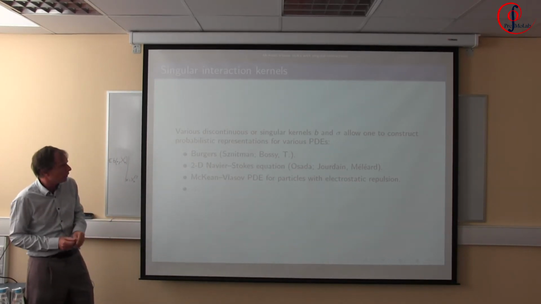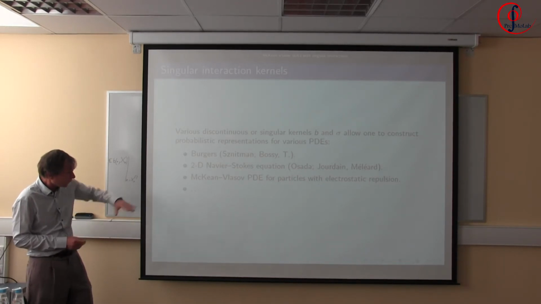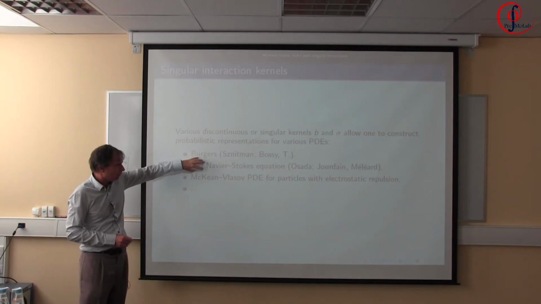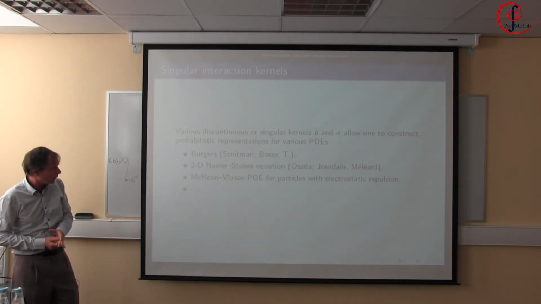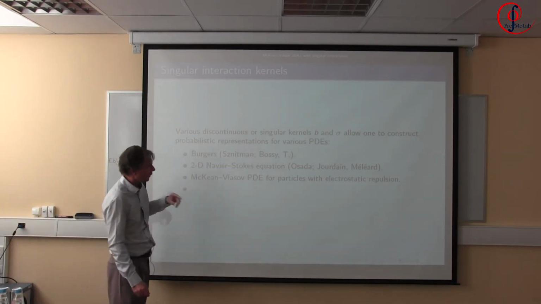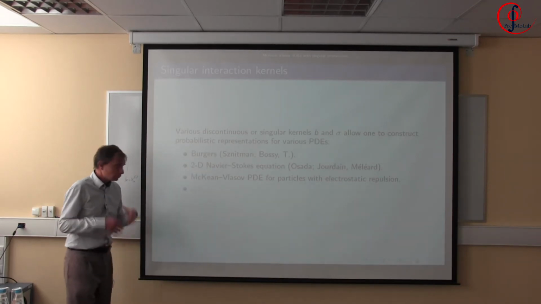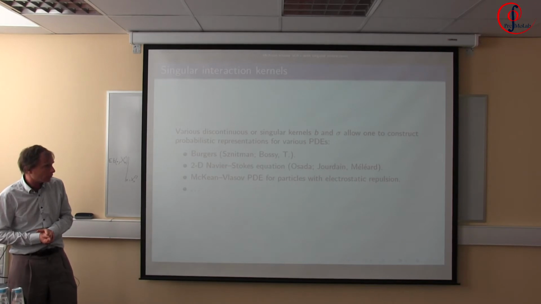They have to smoothen the equation a bit in order to provide the probabilistic interpretation. So there is a lot of work remaining to be done for 2D Navier-Stokes equation. For 3D Navier-Stokes equation, almost nothing has been done.